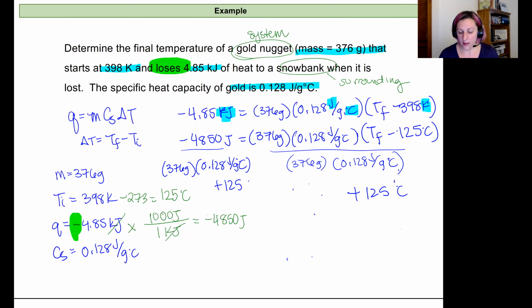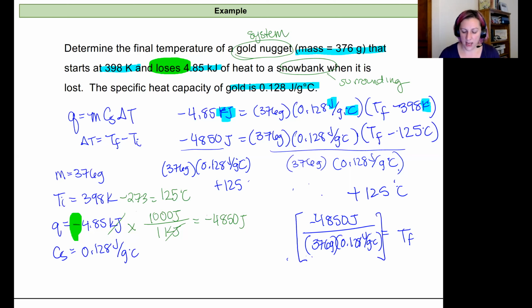And so that final temperature is going to be equal to that negative 4,850 joules, divided by 376 grams, 0.128 joules per gram degrees Celsius, and I'm going to add to that 125 degrees Celsius.